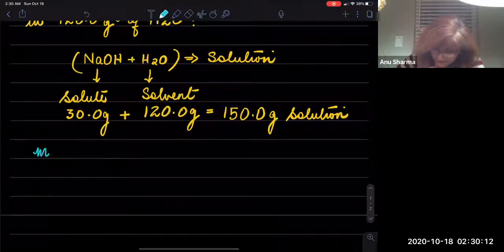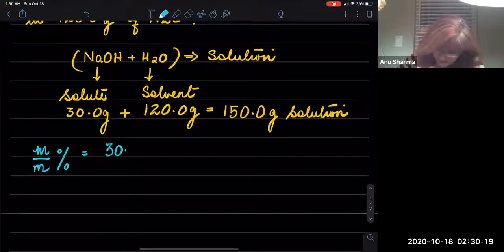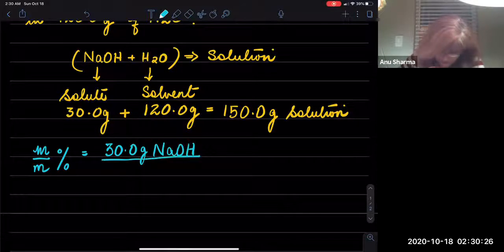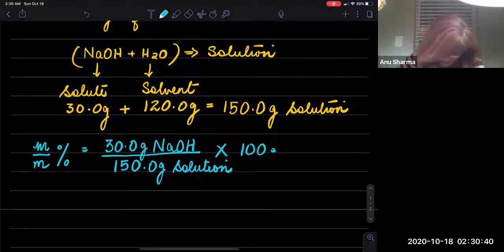Okay, so now we are going to take the mass by mass percent. This means that if there is 30.0 grams of NaOH present in a total of 150.0 grams of solution, times 100, that gives you 20.0%.